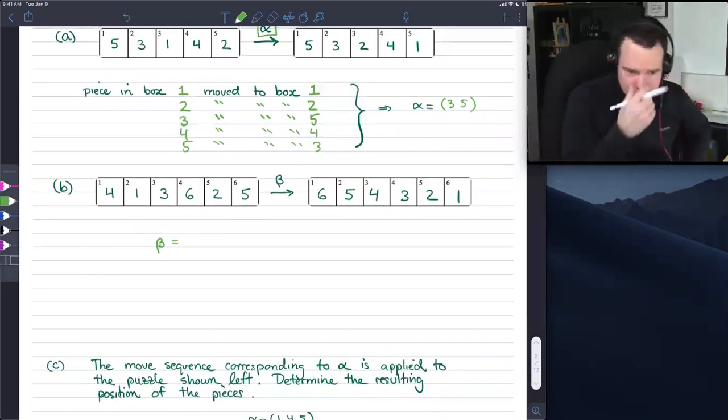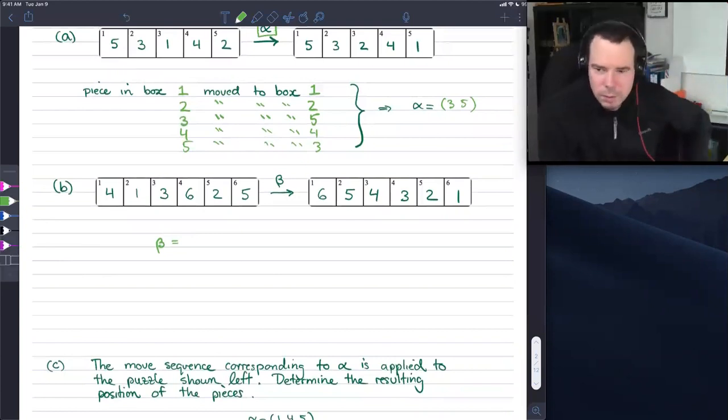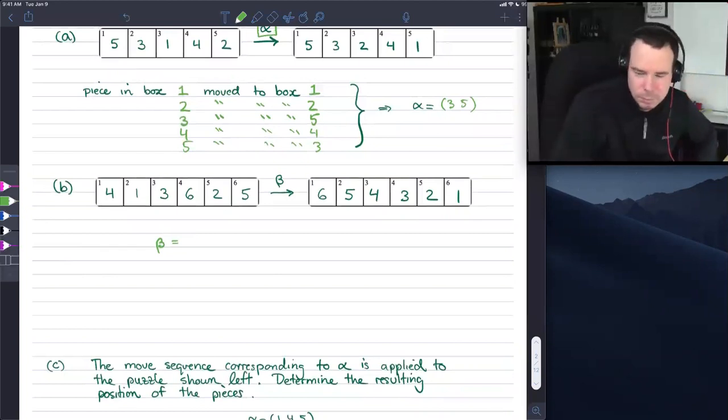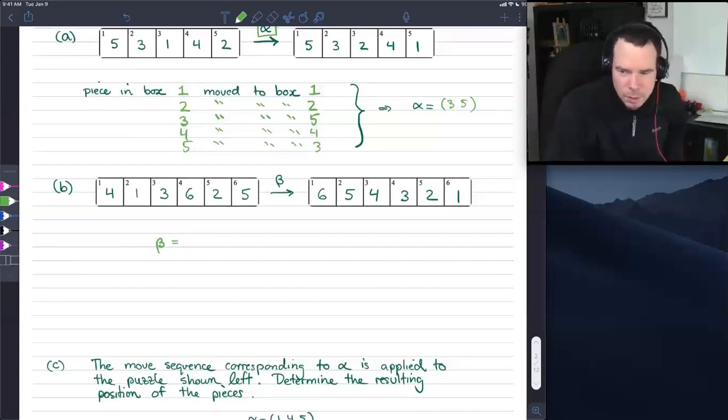What do we have? So it looks like box 1 to box 3. So the piece in box 1 went to box 3. Yep, that's right. The piece in box 2 went to box 6. So that's the tile number 1. Yep, from box 2 to box 6. 3 to 4. 4 to 1. So the piece in box 4 went to box 1. Yep. 5 to 5 stayed.